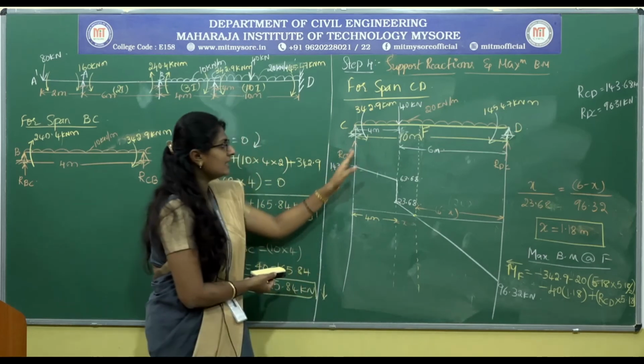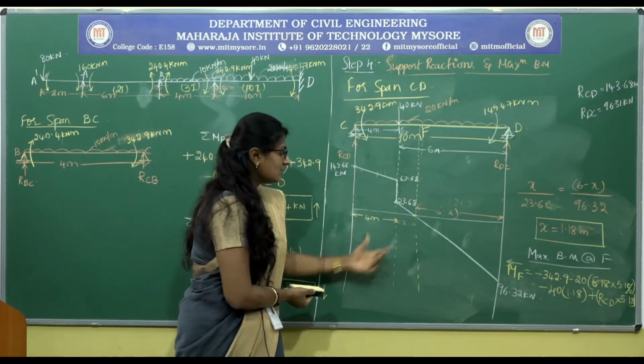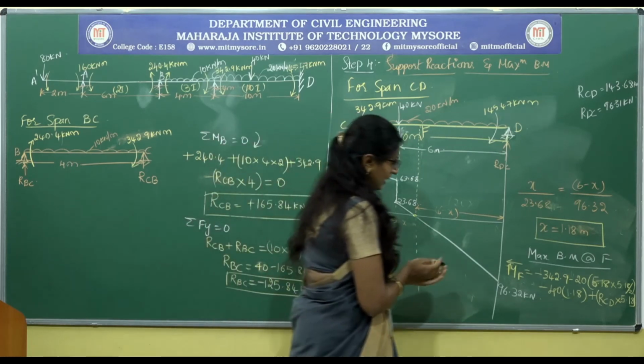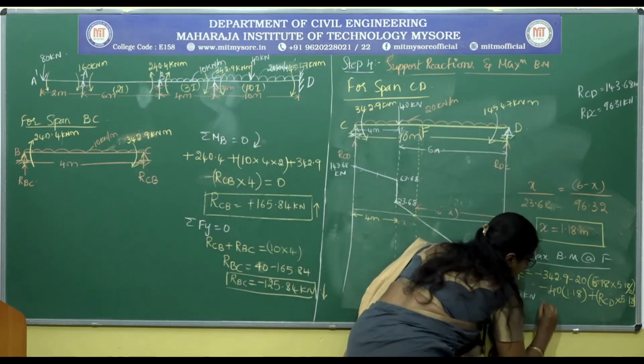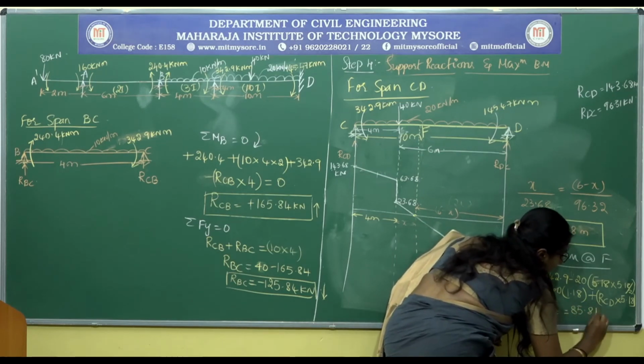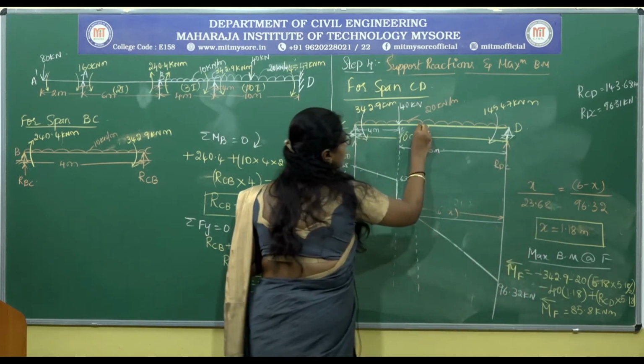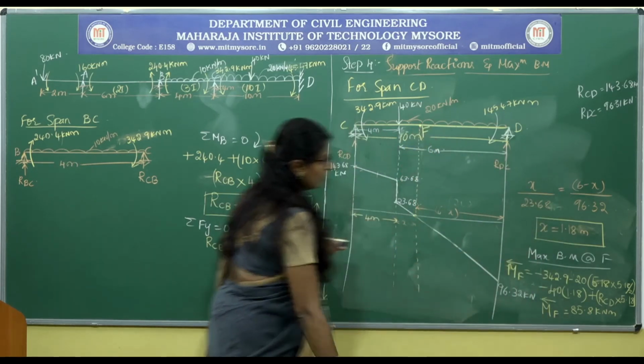Then this RCD is acting in the clockwise direction at a distance of 4 plus x, which is equal to 5.18. Therefore, the moment at F is 85.8 kilonewton meter. So this is the point where we get the maximum moment and it is equal to 85.8.